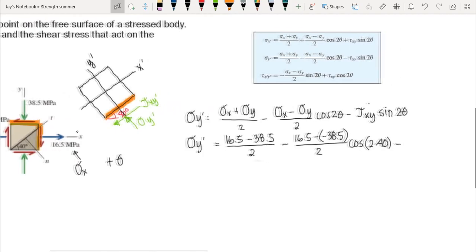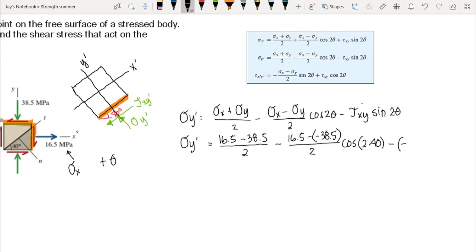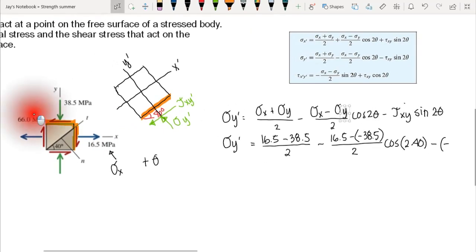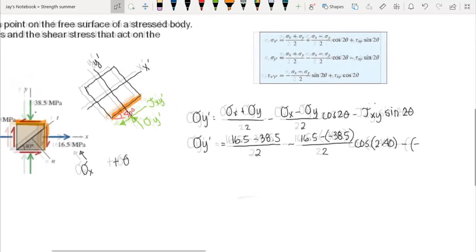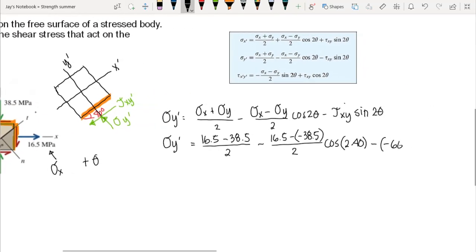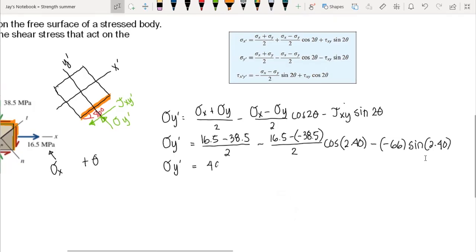So we have negative, and we have 66 megapascal shear stress, then sine of 2 times 40. So we have our transformed normal stress in y, which is equal to 49.222 megapascal. Take note, we have positive stress, so this is tension.